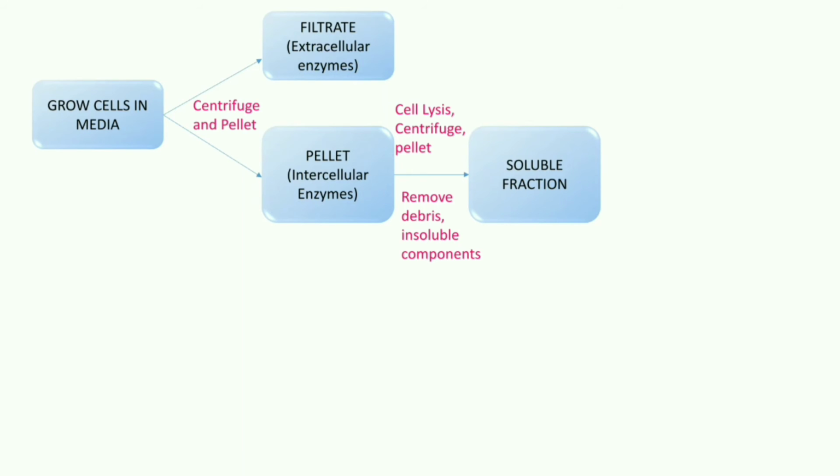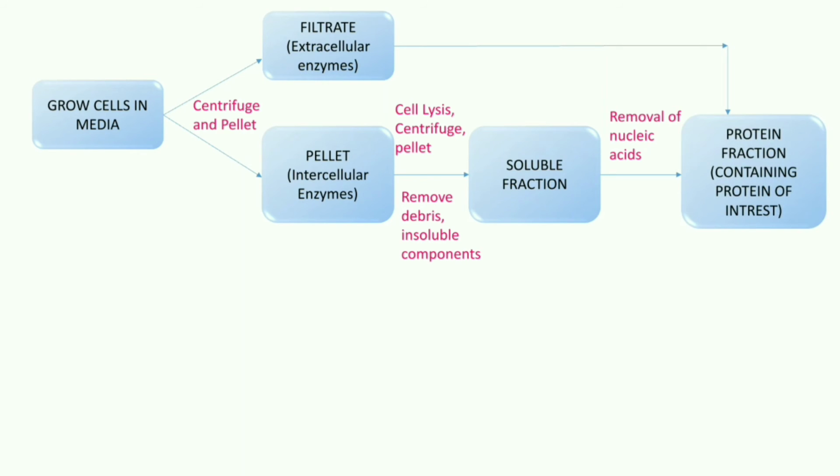The soluble fraction will contain not only proteins but nucleic acids as well. So we need to remove these nucleic acids so that we can get a fraction containing the protein of our interest. The extracellular fraction can be used directly as a source of protein fraction which may contain the protein of interest.